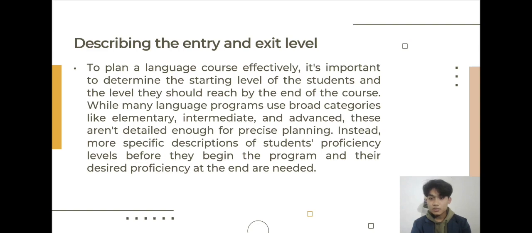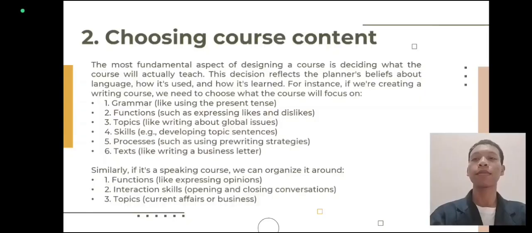These definitions provide detailed descriptions of language skills in listening, speaking, reading, and writing. They help course developers see how each course level fits into the overall proficiency development path. Alright, so that's all from me. The next material will be delivered by my friend Muhammad Surya Sodikin.